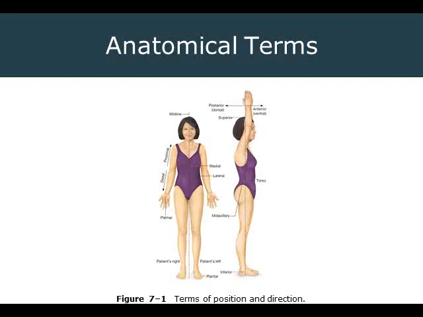Things that do not walk erect tend to use ventral and dorsal more commonly. Ventral meaning the underside or the belly side, dorsal meaning the backside. I always remember this because the big fin on the back of a shark is the dorsal fin. So that's how I remember it.